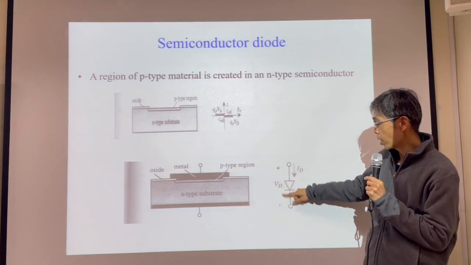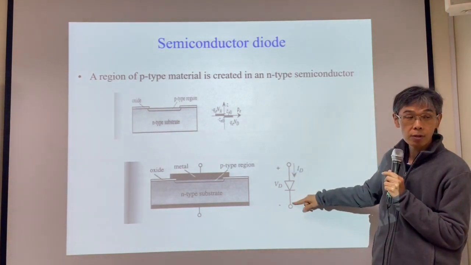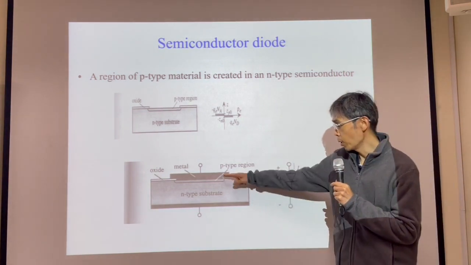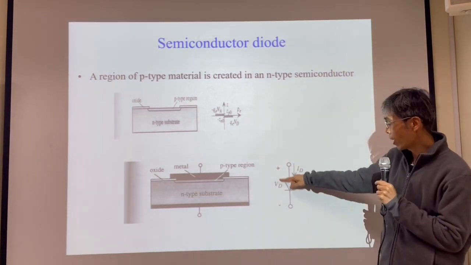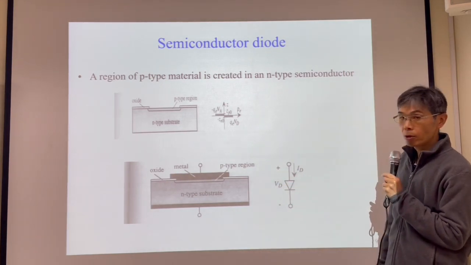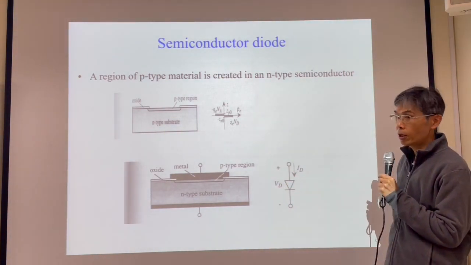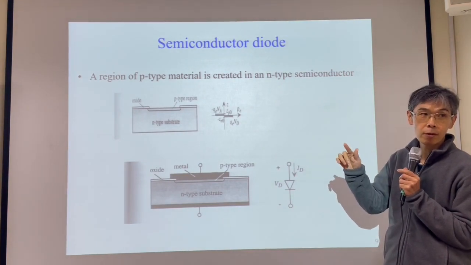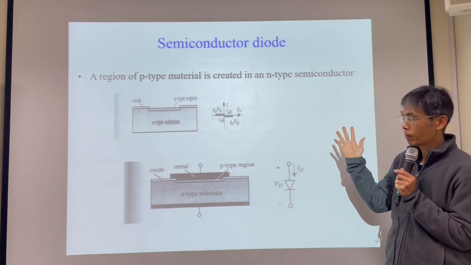Do you know what this symbol represents? Diode, yes. So PN diode. So VD is the voltage across this diode. It has some value, usually 0.6 volt or 0.7 volt.